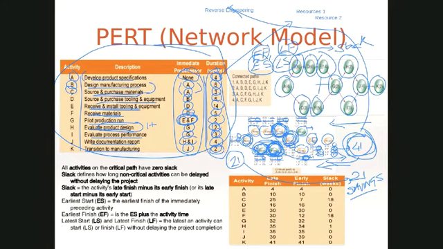Now you'll see the same numbers out here. The latest H can finish and I can finish would be week 35. And the latest I can start, because it takes 3 weeks, would be week 32, which is 35 minus 3. And the latest H can start would be week 33, because it takes 2 weeks.